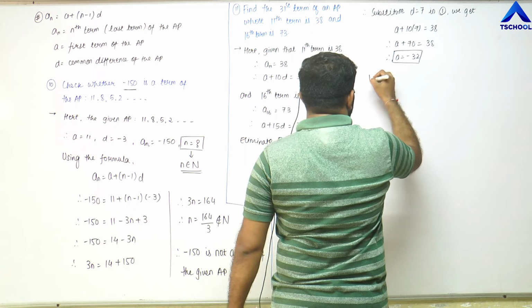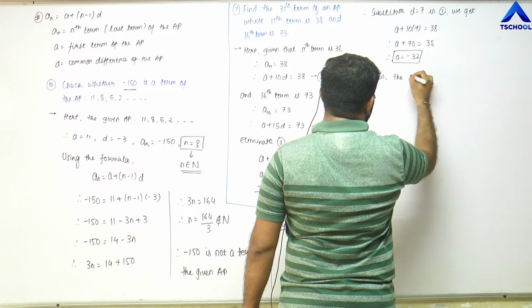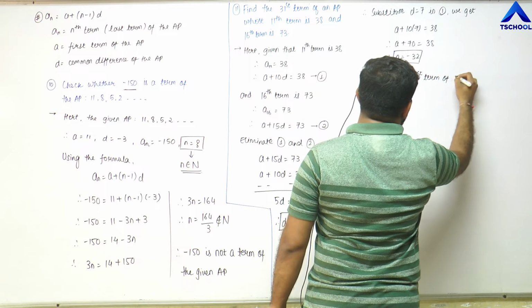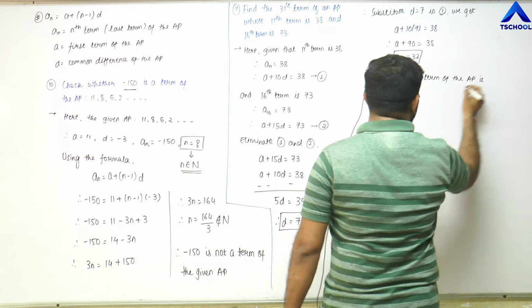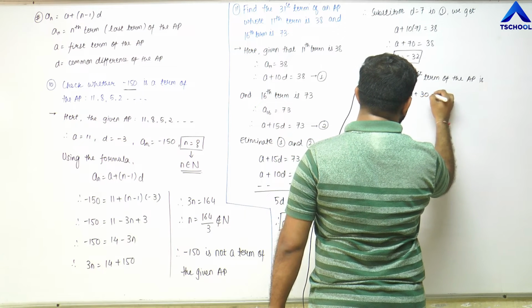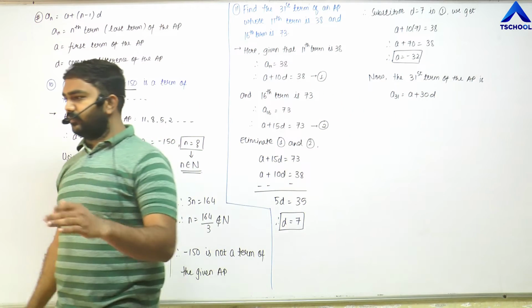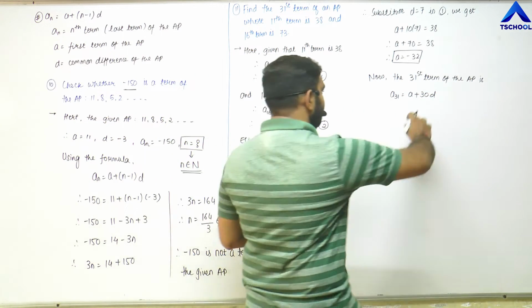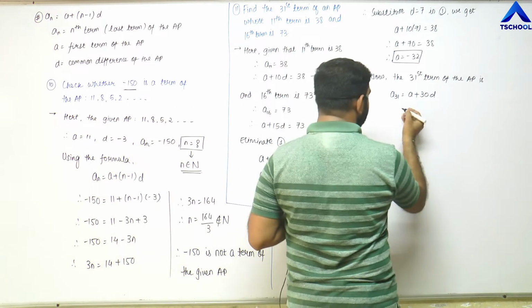Now, the 31st term of the AP is A31, that is equal to A plus 30D, right? This A plus 30D we got from the general form of the arithmetic progression. We have A and we also have D, so let us simply replace it here.